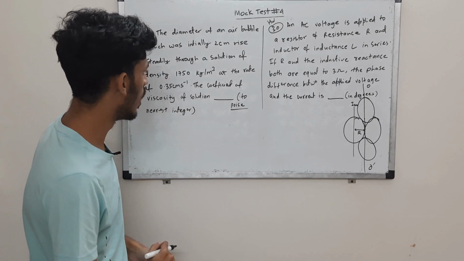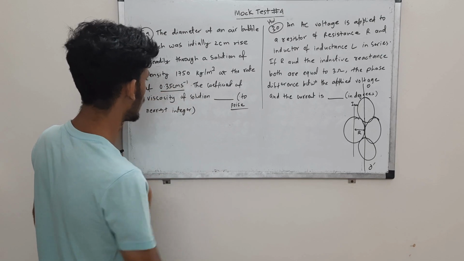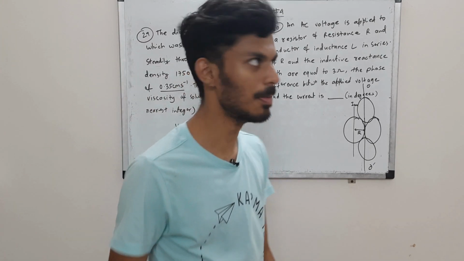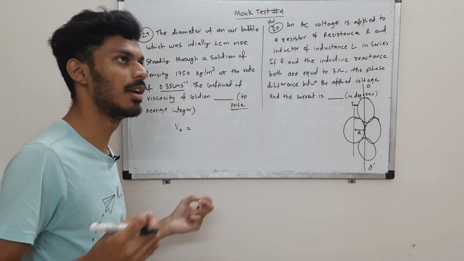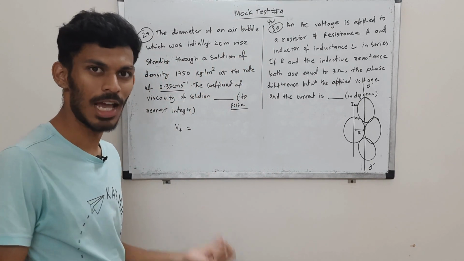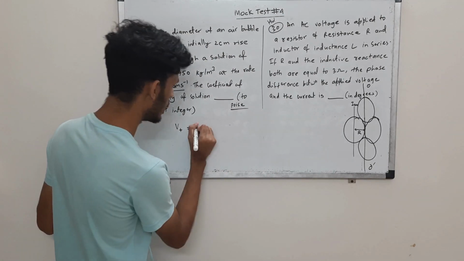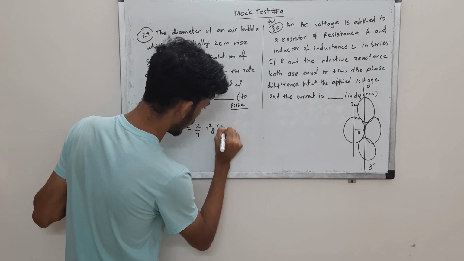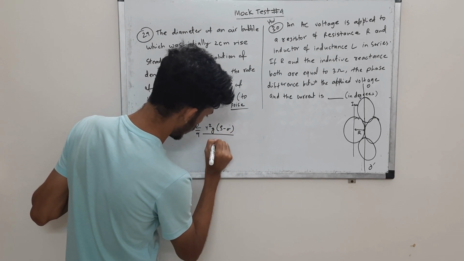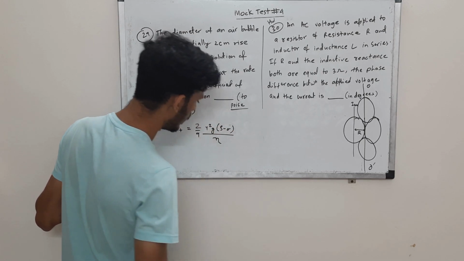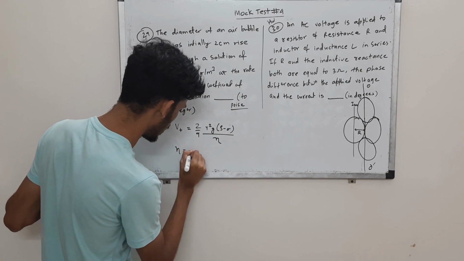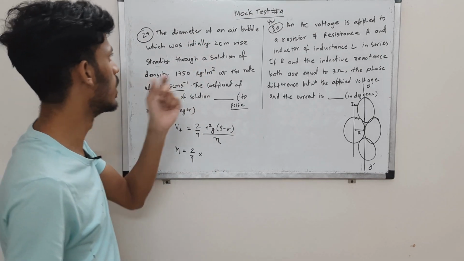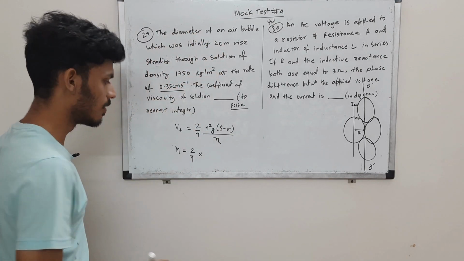The thing is, this is prompting you to terminal velocity. This is the terminal velocity of the air bubble, because moving steadily means that the forces on the air bubble are balanced. And how is terminal velocity given? 2/9 r square g (rho minus sigma) upon eta, right? So from here you can write the equation for eta. 2/9, now r square: the diameter is 2, so the radius will be 1.